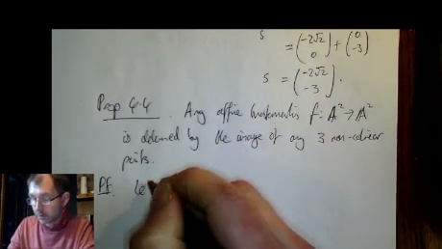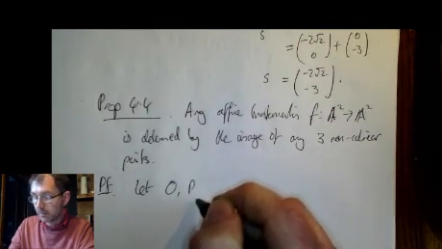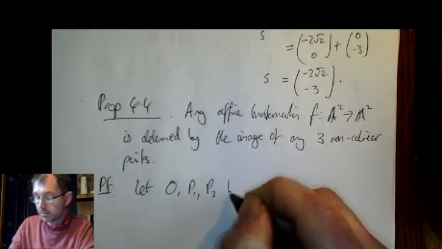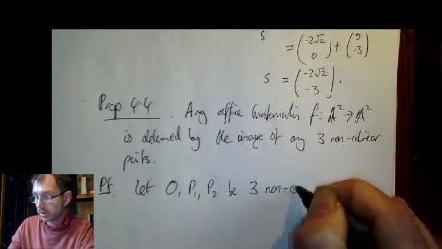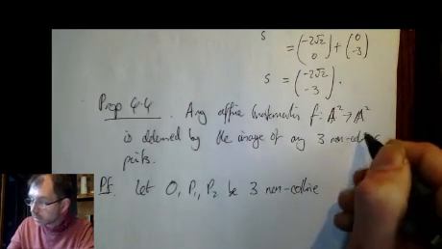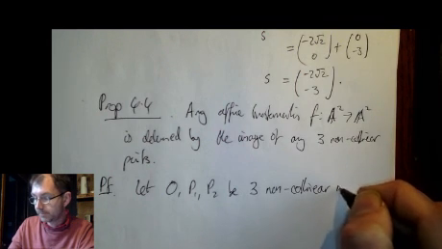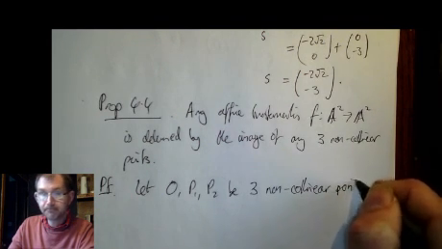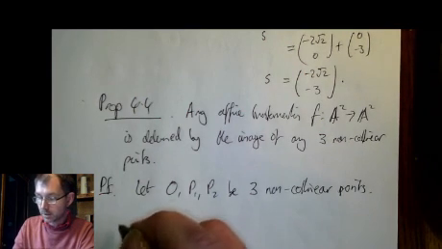So I've just told you the proof, but we'll just write it out. So let O, P1 and P2 be the three non-collinear points.